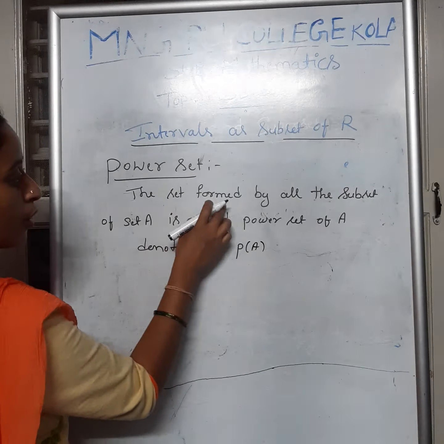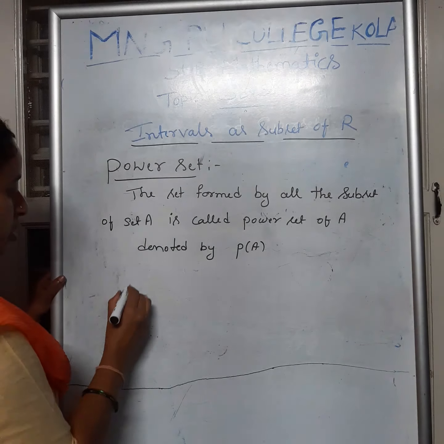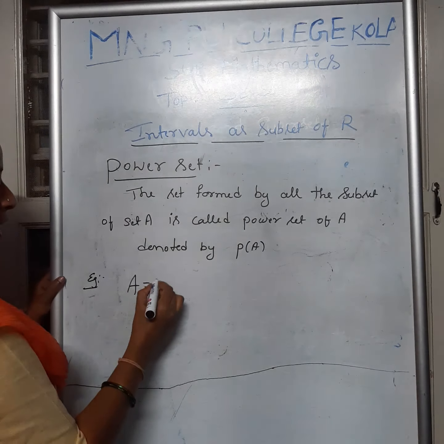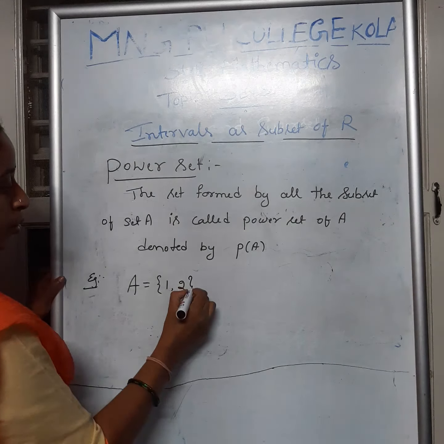So the set formed by all the subsets of set A. I'll give one example. The set A contains two elements, 1 comma 2.